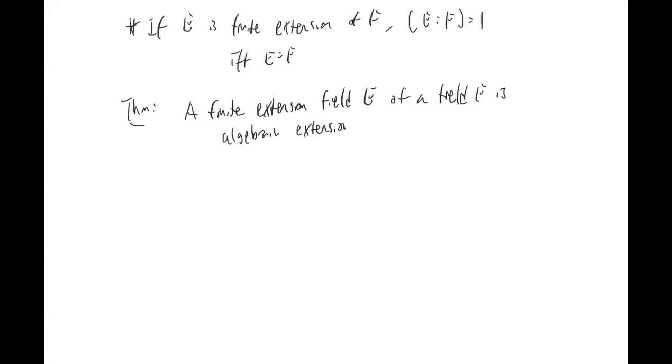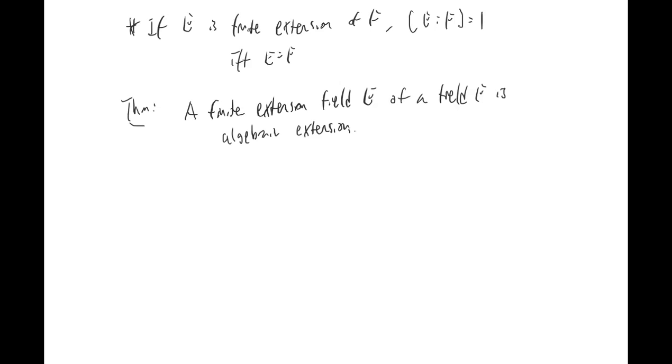Basically this is saying if I tell you there's a finite field extension, you can't be adjoining transcendentals over your base field F. Because if you adjoin a transcendental, it's like infinite.